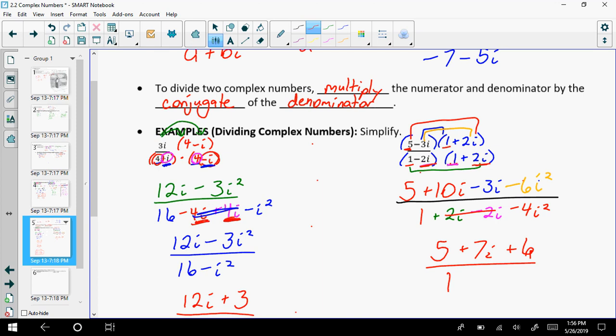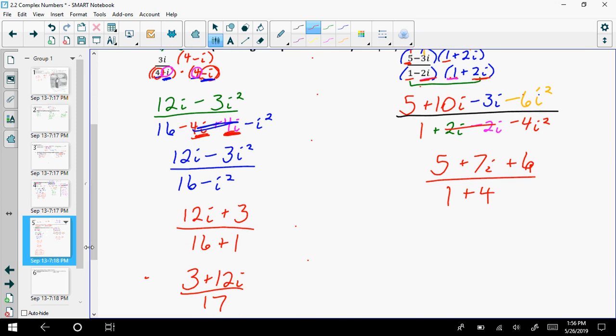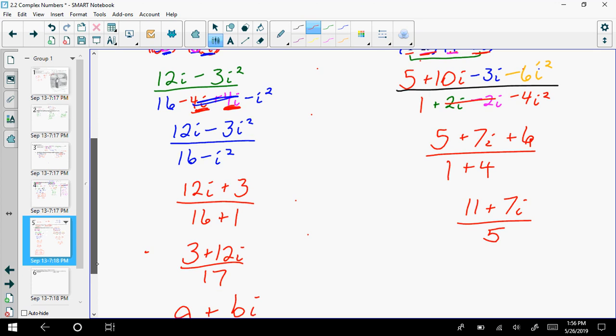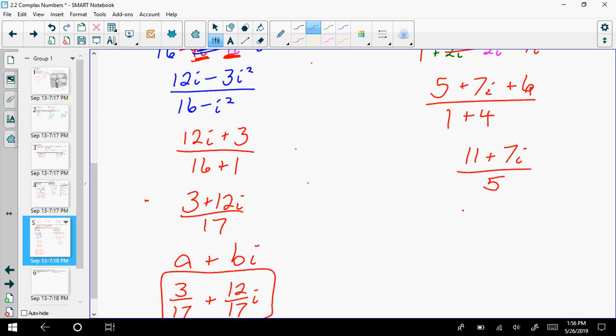And then if I replace i squared with negative 1, that becomes plus 4. Combine like terms, so I would have 11 plus 7i over 5. And if I asked you to write it in standard form, my real number would be 11/5 plus, and my imaginary number would be 7/5 i.